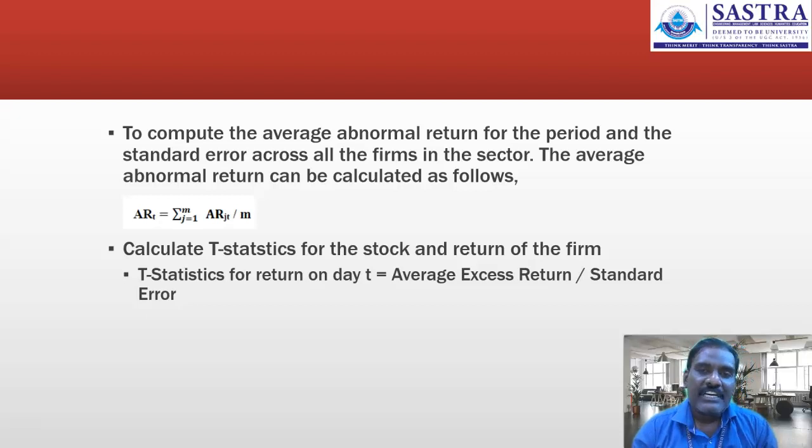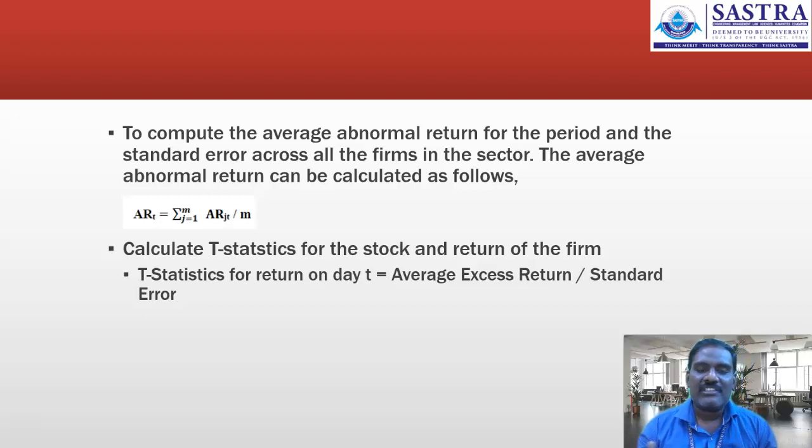Once it is completed, you can take a summation of all those abnormal returns generated by firm 1, firm 2, firm 3, up to firm 12. It means the abnormal return generated by Canara Bank, State Bank of India, ICICI Bank, HDFC Bank.